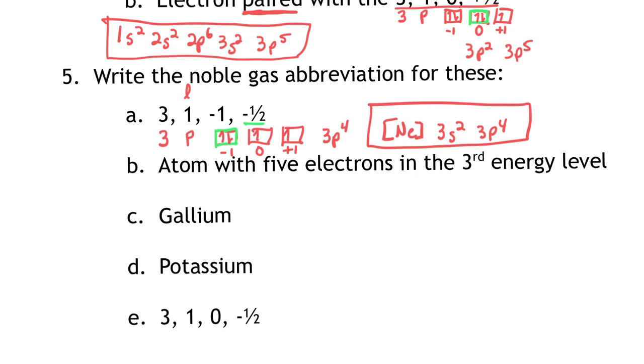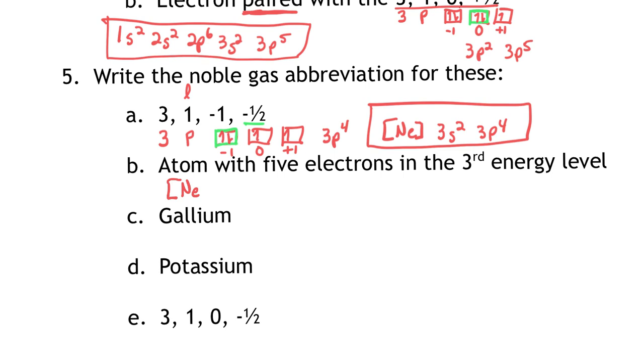So we've got an atom with 5 electrons in the 3rd energy level. So we've got to count this one out. So we're in the 3rd energy level, and it's got 5 electrons. So I'm not even going to do boxes here. I'm just going to count out across the 3rd energy level. So the first thing is I have to get the noble gas. So that's going to be neon, because that's in energy level 2.